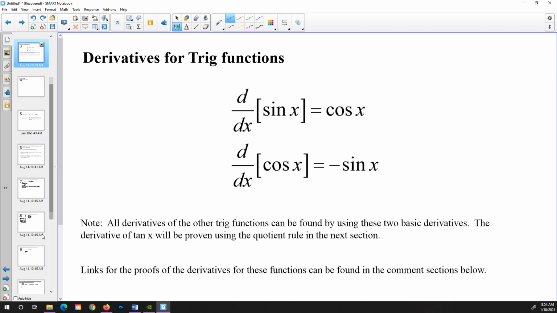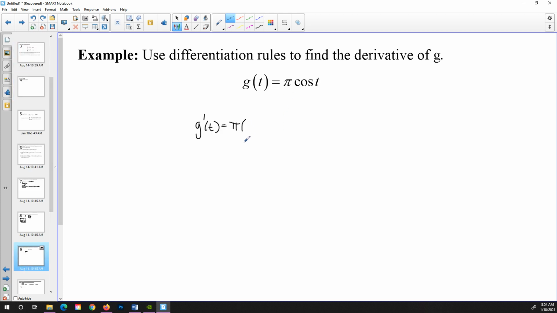So I'll come back down here, and I will make that negative sine of t, and we should rewrite this. So we'll say that g prime is going to be negative pi sine of t, and that will be our final answer for that one.